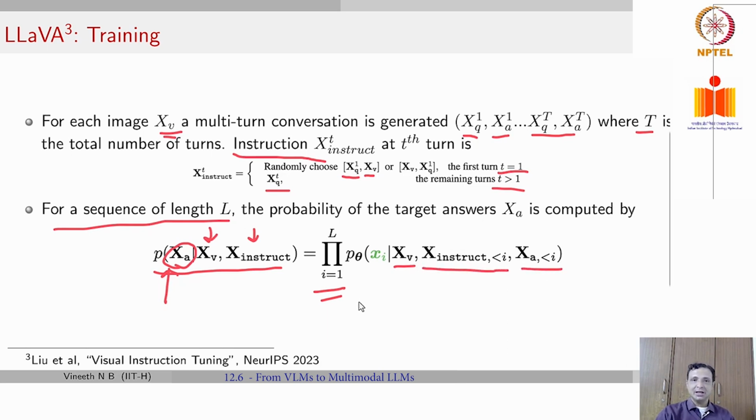Which means in the i-th autoregressive step, say you're predicting the 5th output token, what is the probability of the 5th output token given your image features, all your instruct tokens until less than 5, and all your previous output tokens until less than 5? That becomes the conditional probability that you're computing for the model.